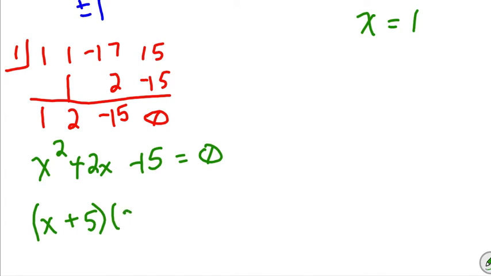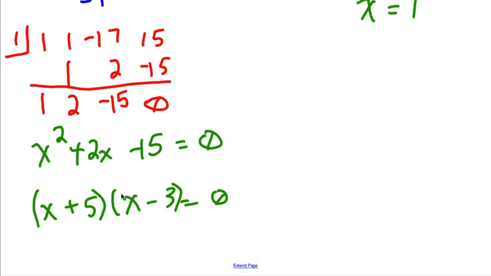Not that it matters, but x minus 3 equals 0. I'm sorry, 5 times negative 3 is negative 15, and 5 minus 3 gives you 2. So that would factor nicely. If you would have randomly chosen a negative 5 to start with or a positive 3, you would have guessed correctly that those would work also.